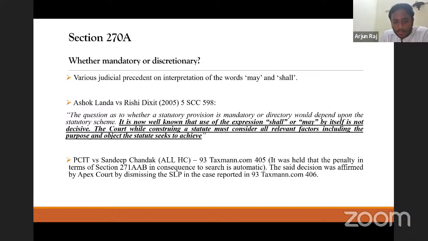This particular decision was also affirmed by the Supreme Court by way of dismissing the SLP of the assessee. Under the judgment of the High Court, they have stated that once a search has been conducted and the undisclosed income has been identified and quantified, the quantification is procedural, but the levy of penalty would get attracted automatically.